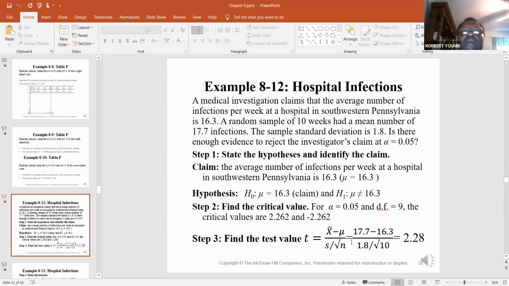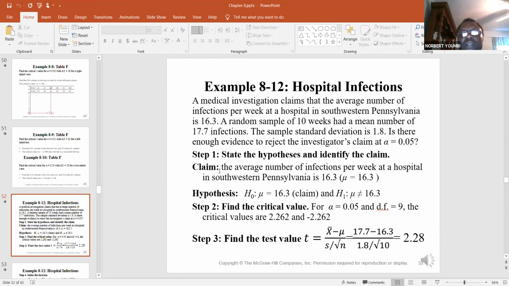Example, a medical investigation claims that the average number of infections per week at a hospital in southwestern Pennsylvania is 16.3. A random sample of 10 weeks had a mean number of 17.7 infections. The sample standard deviation is 1.8. Is there enough evidence to reject the investigator's claim?